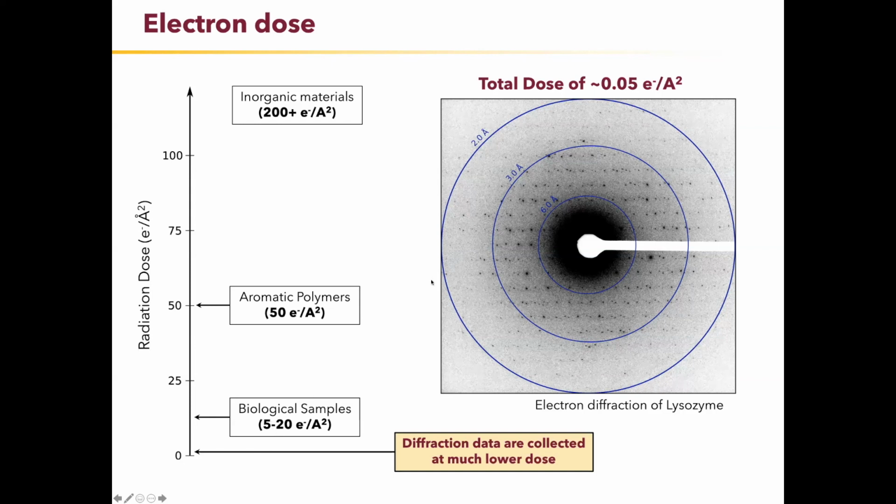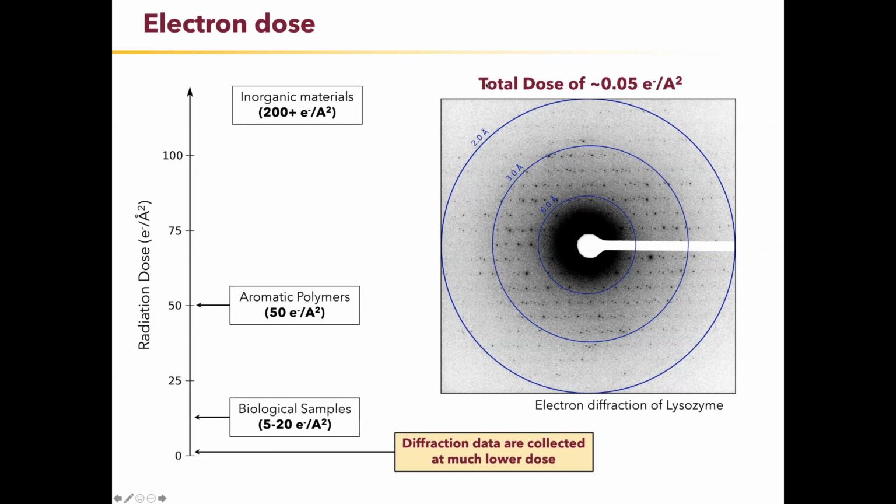And you can see here in this diffraction pattern, with only a dose of 0.05 electrons per angstrom squared, you can see diffraction spots from this lysozyme crystal to beyond 2 angstroms. So you can, in fact, collect data at very, very low doses and then collect multiple diffraction patterns from that same crystal.